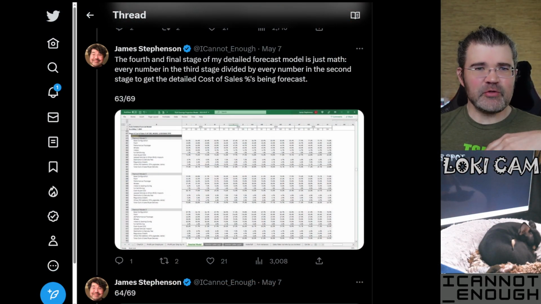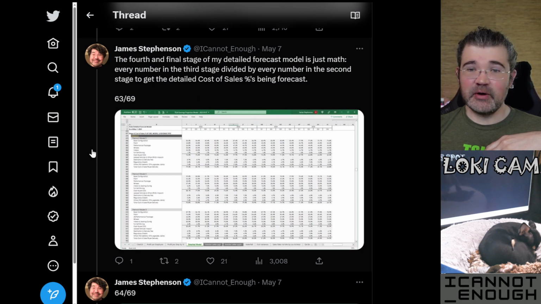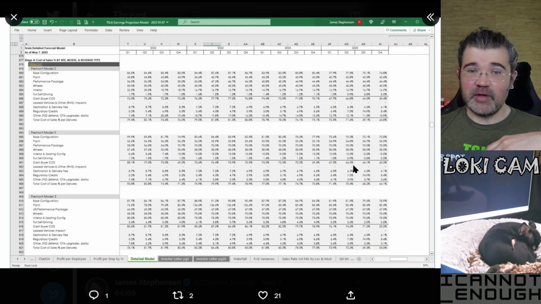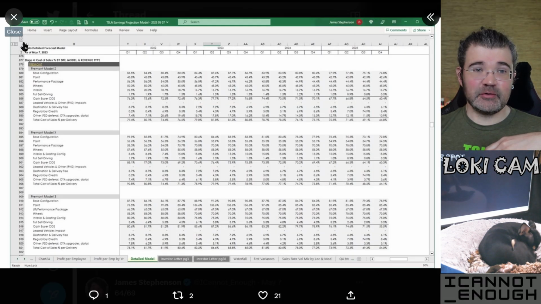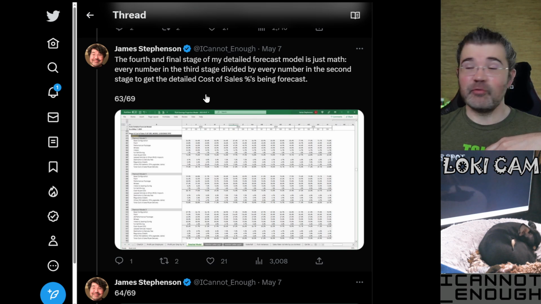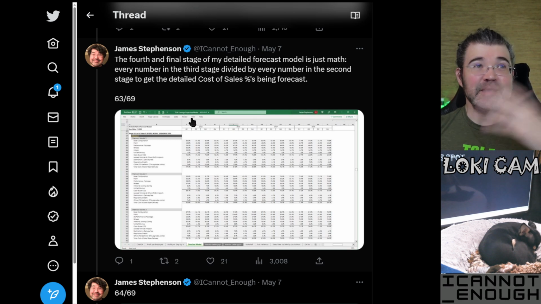So it's been a while since I showed you the Twitter thread, the 69 tweet thread. The reason I'm showing it to you now is not because I think you're suddenly going to be able to read that print. You won't be able to. But just to show you what I said about the fourth and final stage of my detailed forecast model. It's just math.